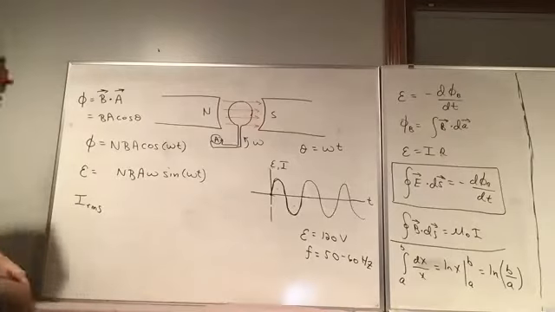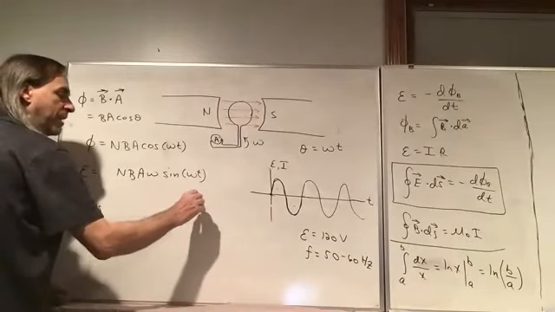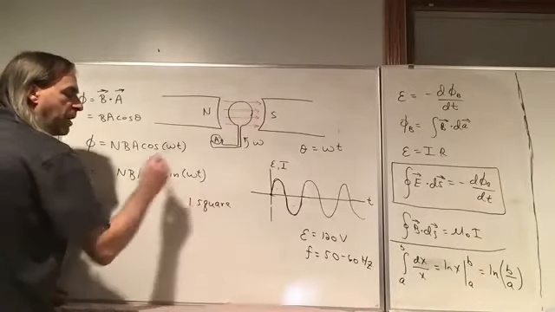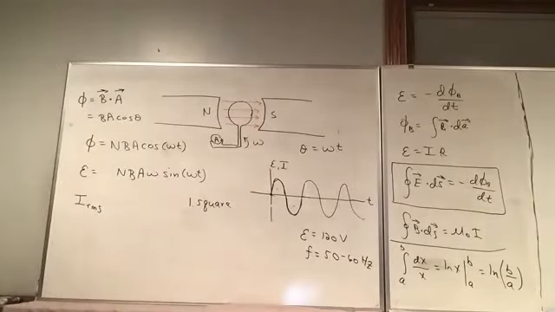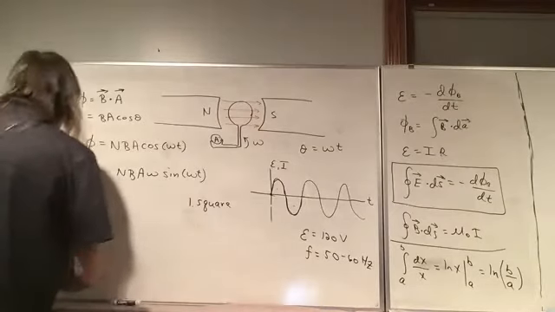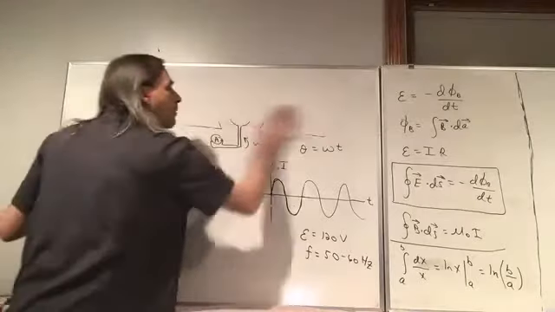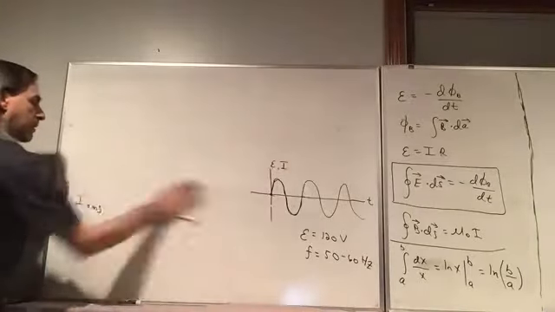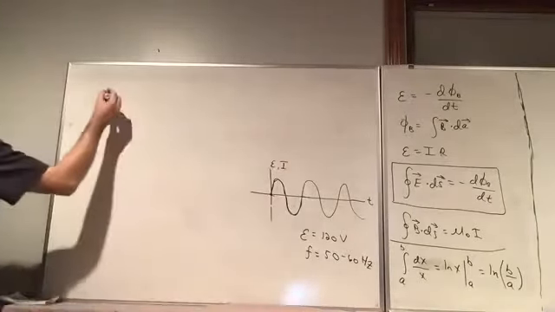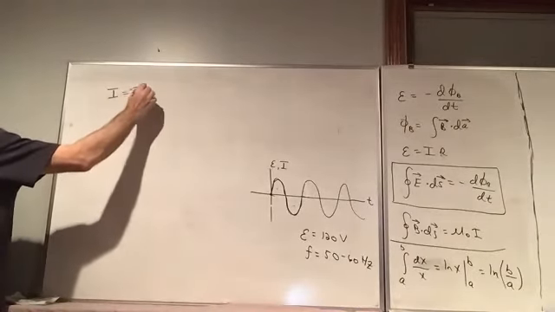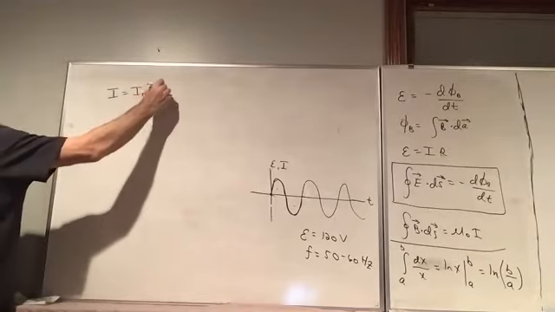So the process is, first, let's square the current. And if we square it, now we're going to have all positive values. Let me get rid of the device itself. Let's just say we have an alternating current where I equals I max sine omega t.